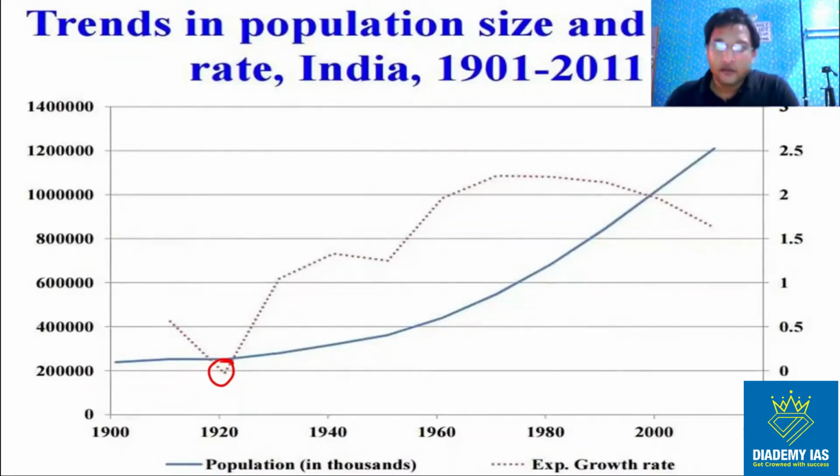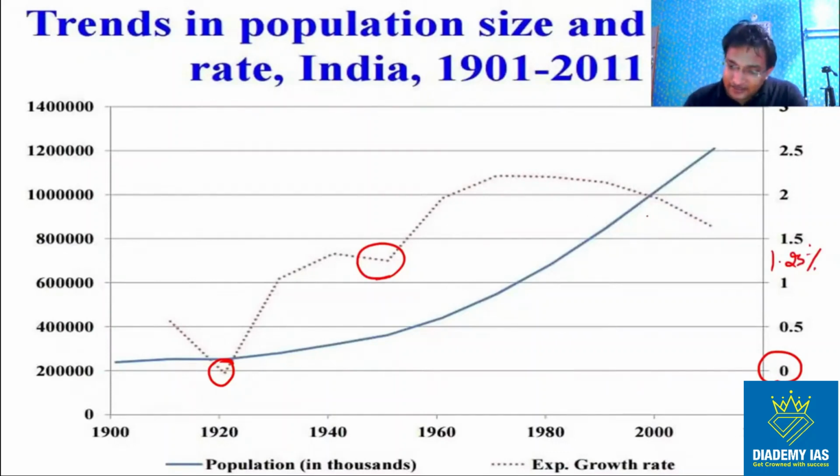ठीक है? So the growth rate became very poor at this point of time. You can see almost zero growth rate. ठीक है? It started increasing approximately at the time of independence. The growth rate was around 1.25% annual growth rate. Then it kept increasing.